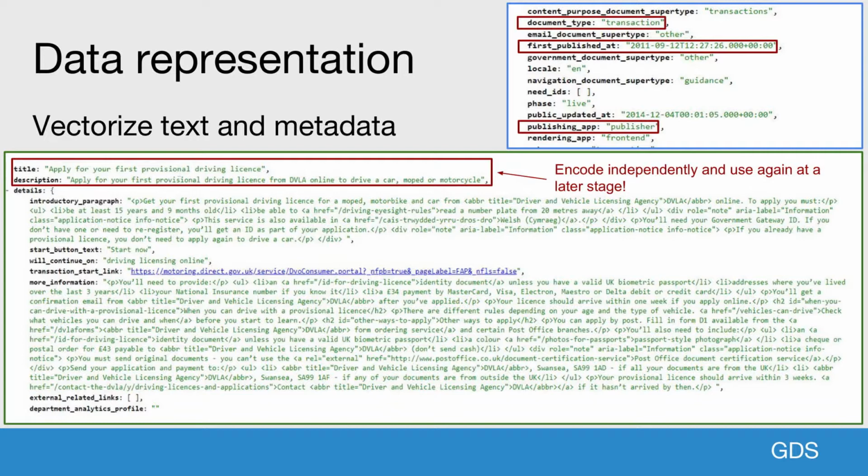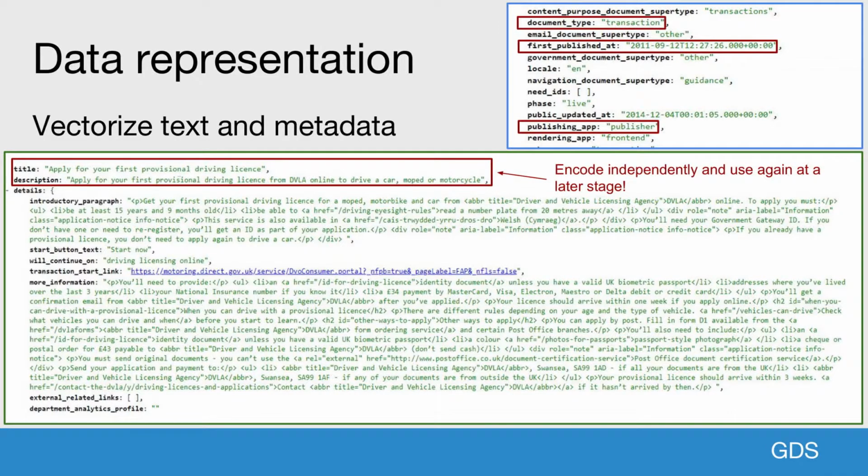And then we converted those textual words into word vectors, a process called tokenization. And we also created vectors out of some of the metadata at the top right-hand side of the page, which we also used in the model. So some of it, like you've got the document type there, when the document was first published, and which publishing application was used to publish the document.